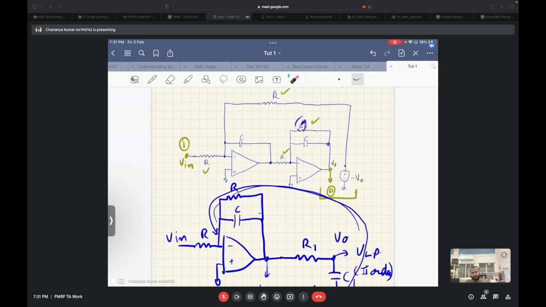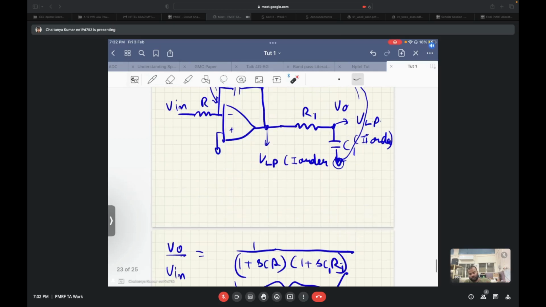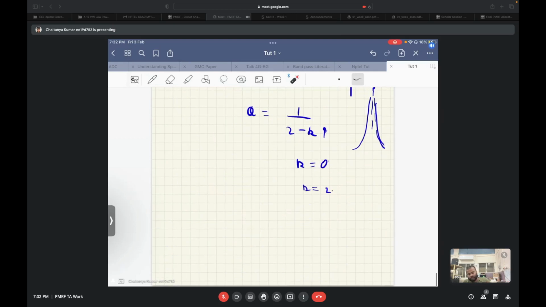And there is one more structure where this complete thing can be shifted to this point, and that is called a Rauch structure. You can study it in the literature, and I can draw the Rauch structure for your reference.